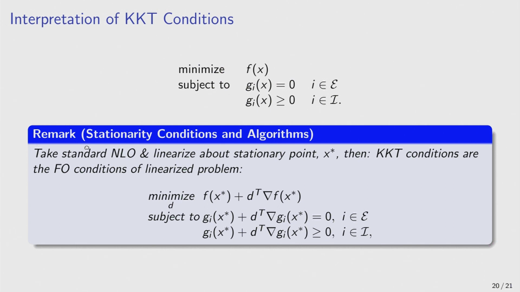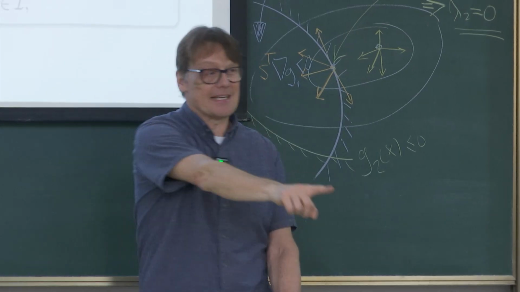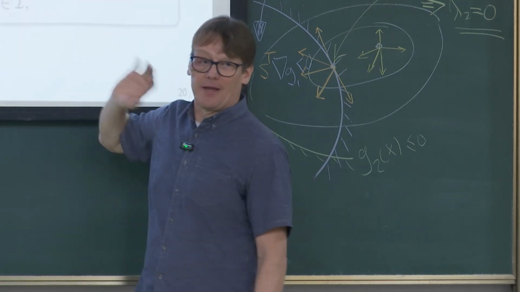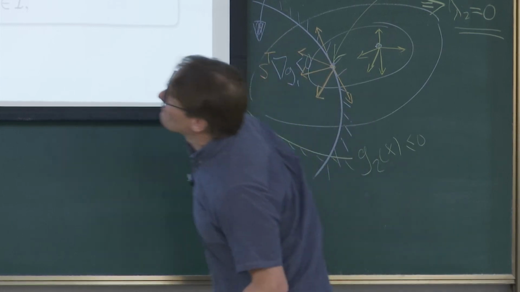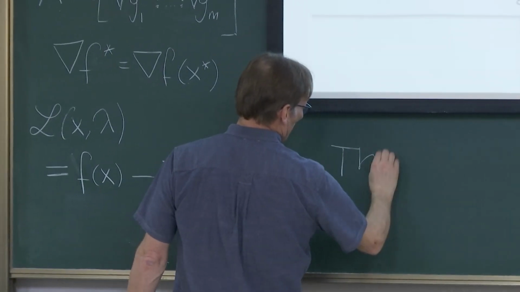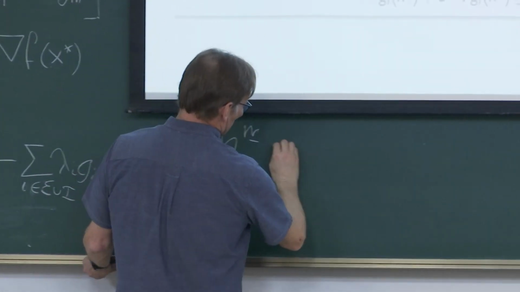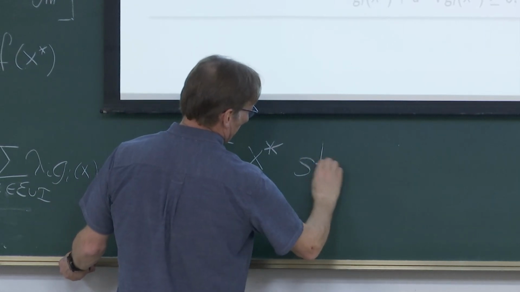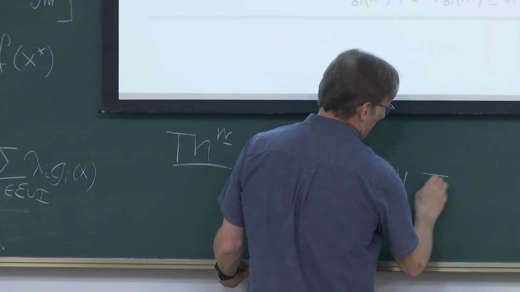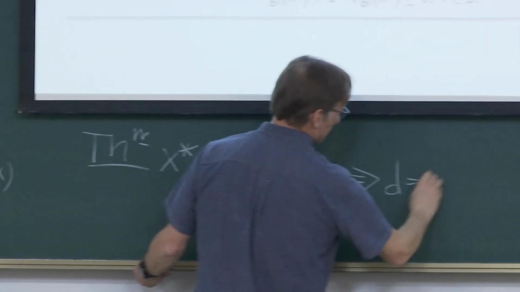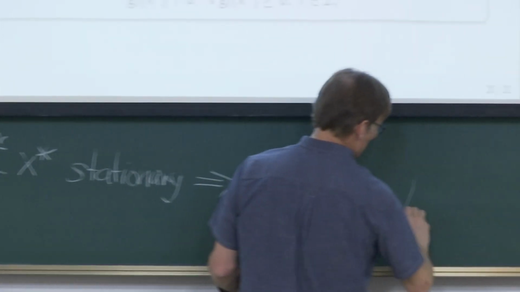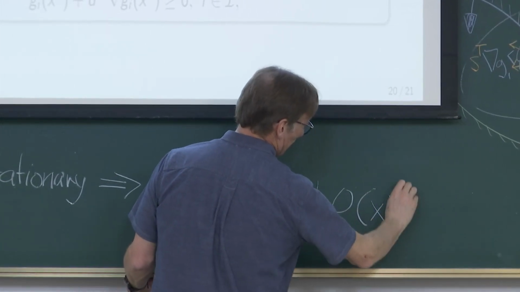There's one difference here, I'll answer your question in a moment, but what's the difference between this theorem that I just said and the previous one? So my theorem is: x star stationary, then it follows d equals 0 solves this linear optimization problem around x star that I have there.